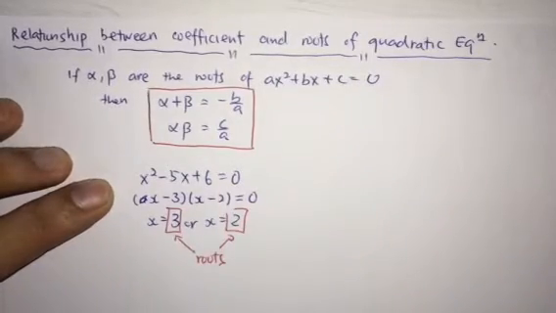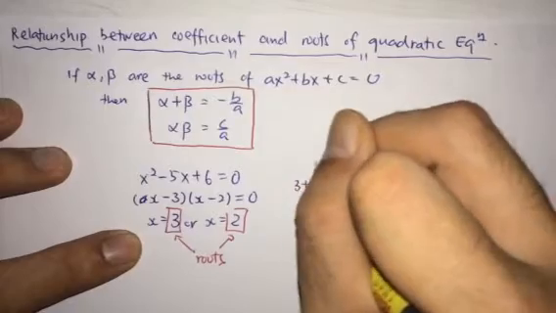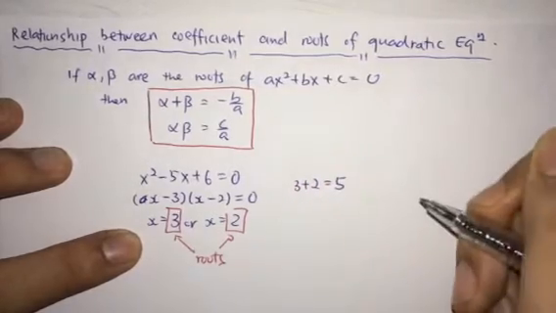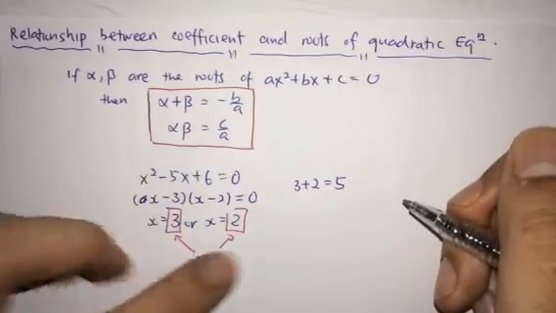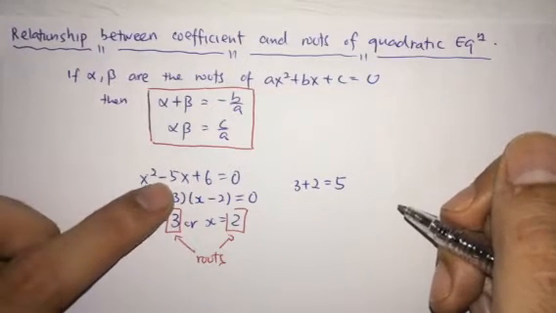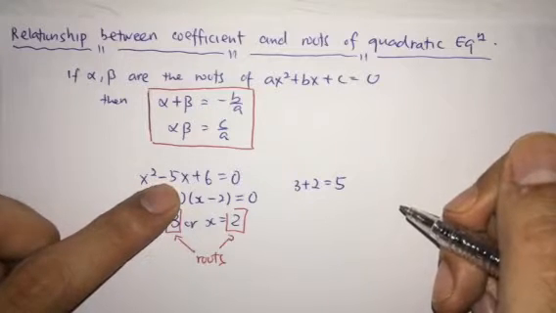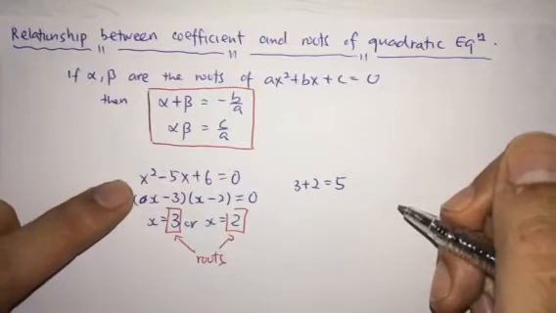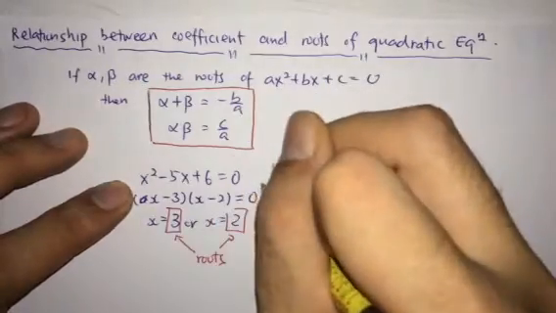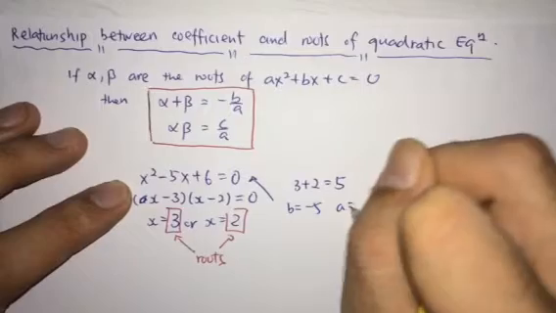And you can see that if we get the sum of the roots, 3 plus 2 is equal to 5. What this tells us is that the sum of the roots is related to the coefficients of this equation. You can see that my b is minus 5 and my a is 1.